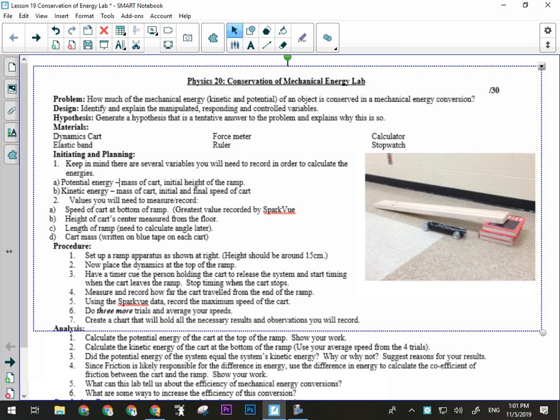Now, for our hypothesis, here's what we're looking at. Since we're comparing the conversion of one form of energy into another, the if part of our hypothesis should talk about the law of conservation of energy. What does it say about the conversion of mechanical energy from one form to another?